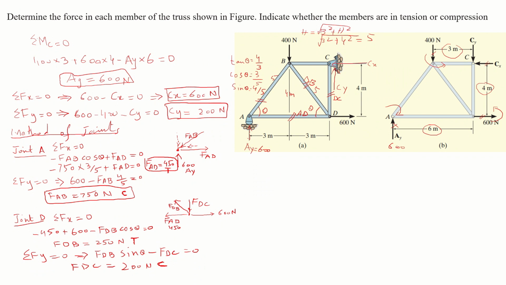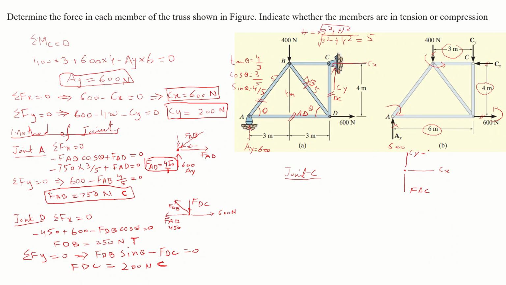The third now joint, which is joint C. At joint C we have the free body diagram at joint C. Joint C, this is joint C, and first at this joint, this is F_DC, and there are two reaction forces as well, C_X and C_Y, and we have the values of this C_X and C_Y as well.